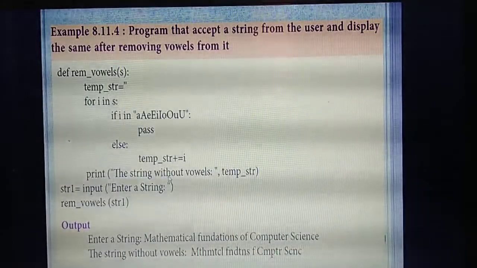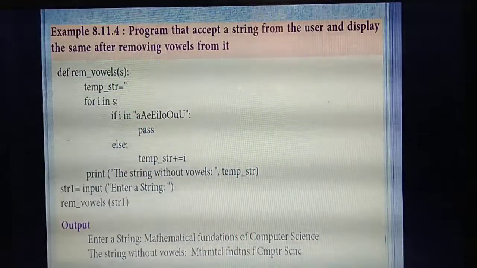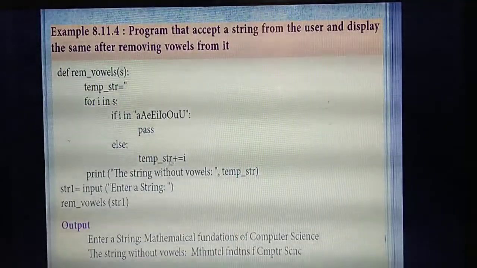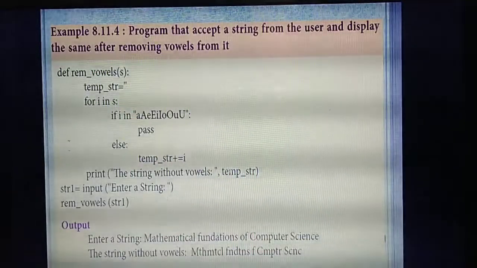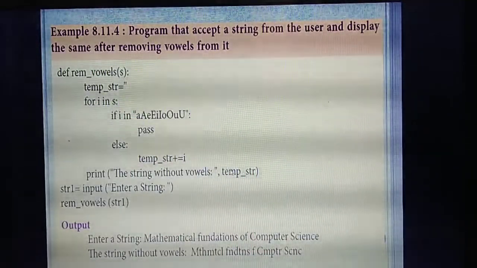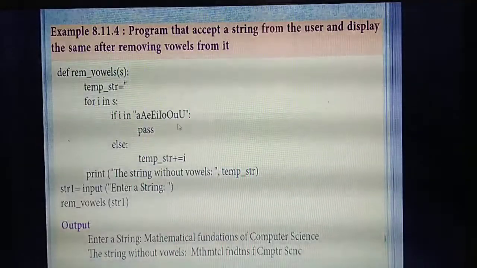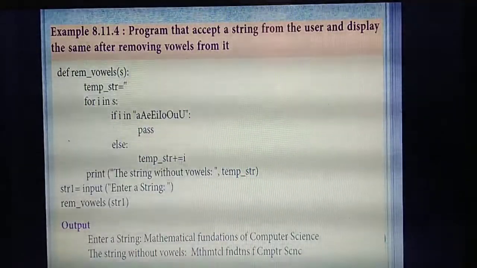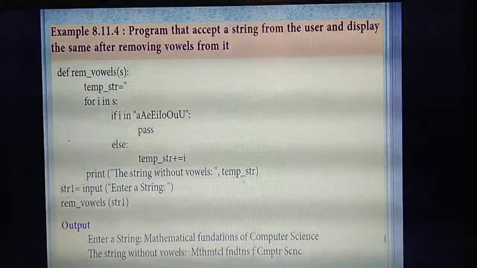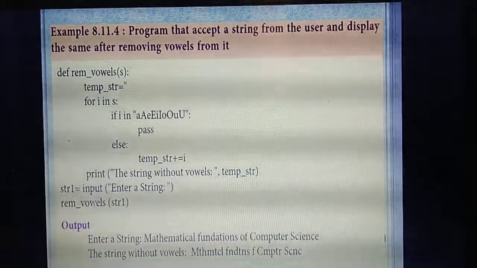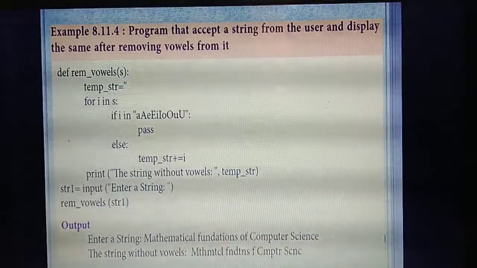String without vowels. So here, in which variable is it stored? Temp str1. Which variable do you need to call? Temp str1. Understand? So after removing the vowels, you are storing them in which variable? Temp str. So you are calling that variable temp str. Now after this, the function gets over.